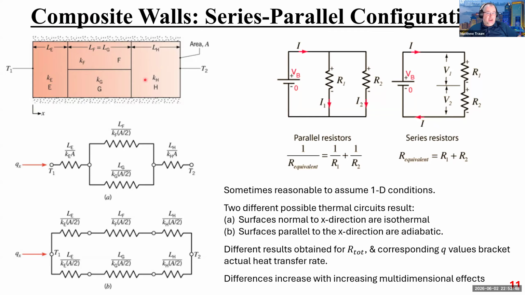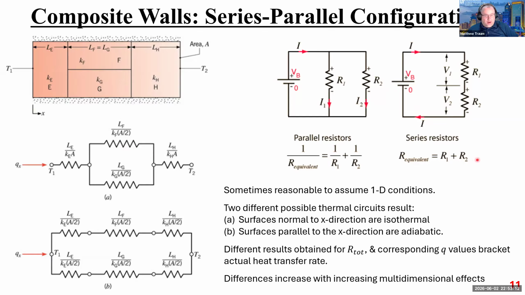And if you start imagining what this actually looks like, it starts to look like two resistors in parallel, right? You've got a heat transfer path that goes this way, and you've got a heat transfer path that goes this way. And so you can imagine a parallel analogy here as opposed to a series analogy like we did before.